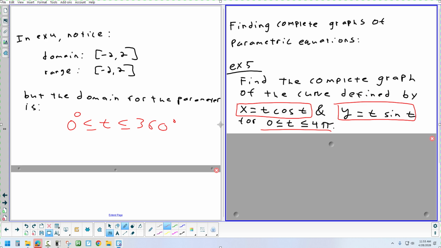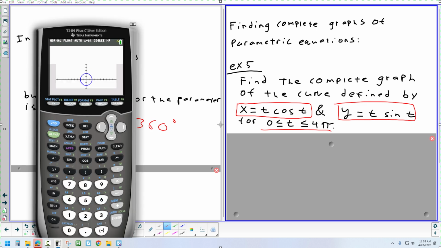So let's put all that in. t cosine t, t sine t. So that's it for typing in that screen. And now the 0 to 4 pi goes under this screen.